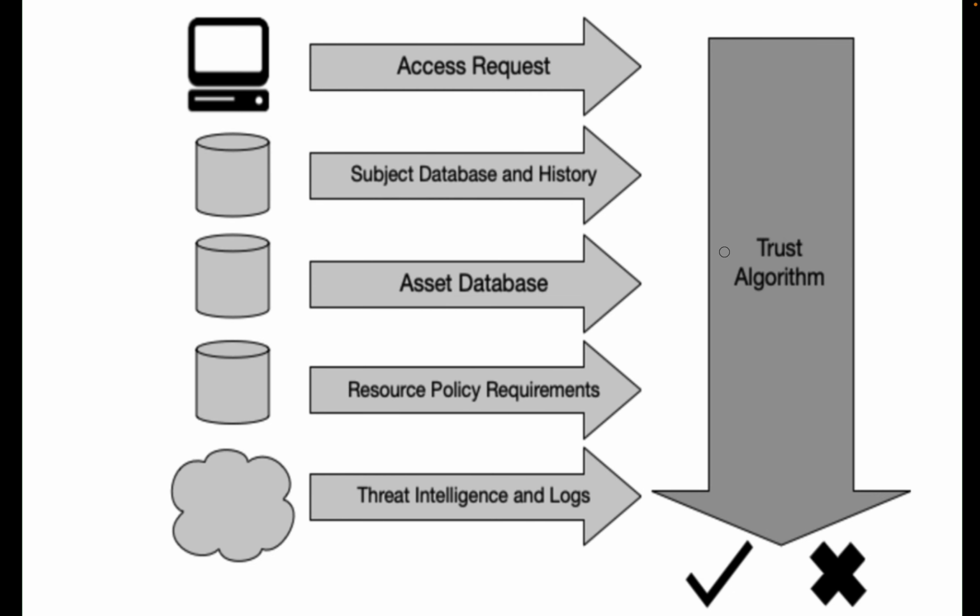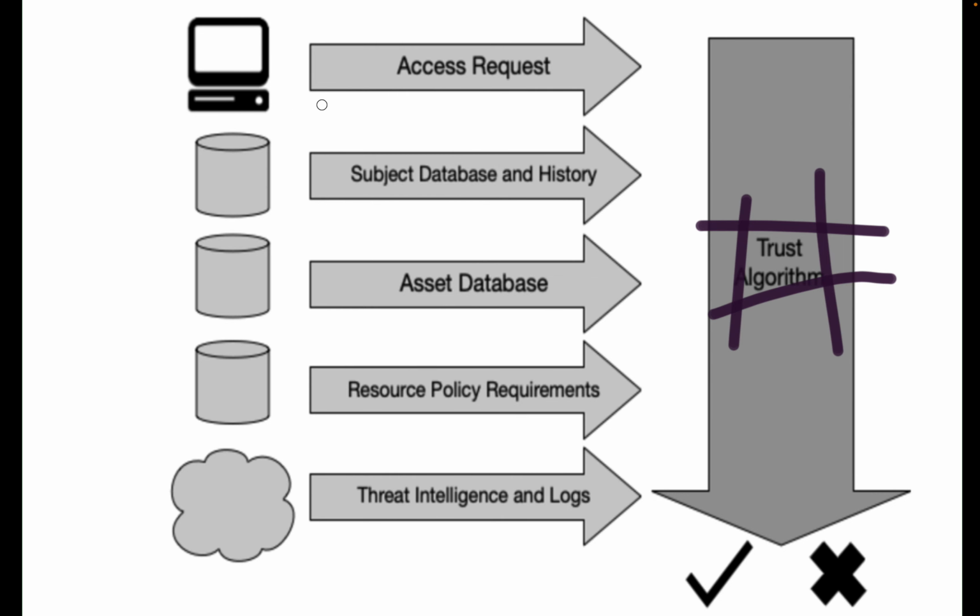So first, we need to build our trust algorithm, right? I've gone over what the trust algorithm is. If you're still not sure, go ahead and look at NIST 800-207 and educate yourself.